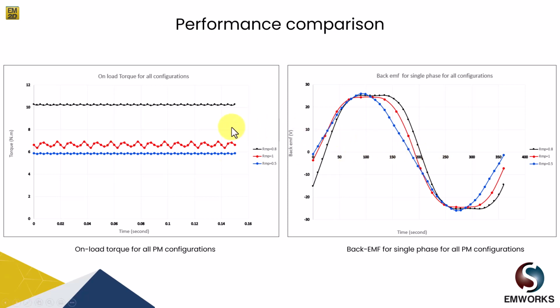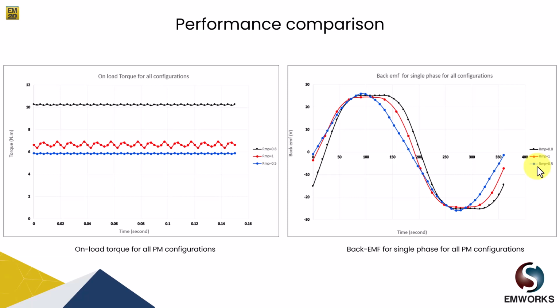Also, even though the torque was better for magnet ratio of 0.8, we can see the back EMF is much better, or closer to sinusoidal, in case of magnet ratio 0.5. So now it becomes a trade-off between a better back EMF or a high torque density.